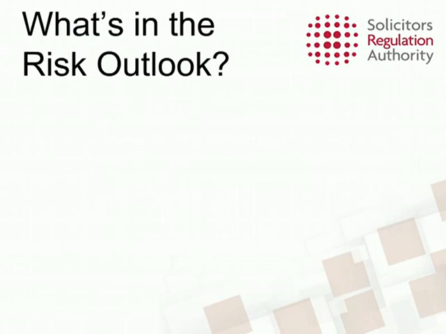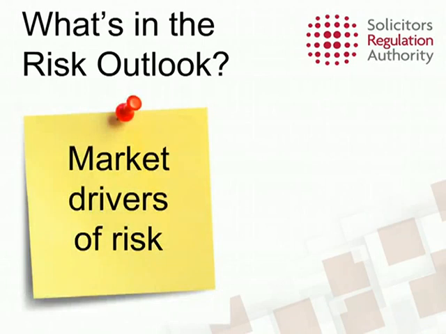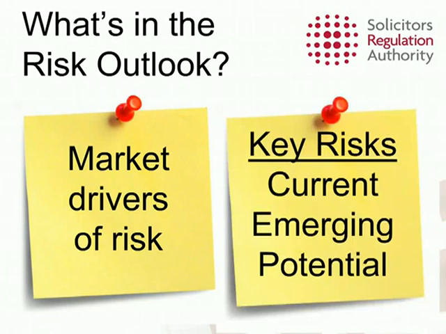Okay, so what's in the Risk Outlook? The document itself has two parts. Part A summarises the market drivers of the risk, and Part B presents the key current, emerging and potential risks to the SRA regulatory objectives.